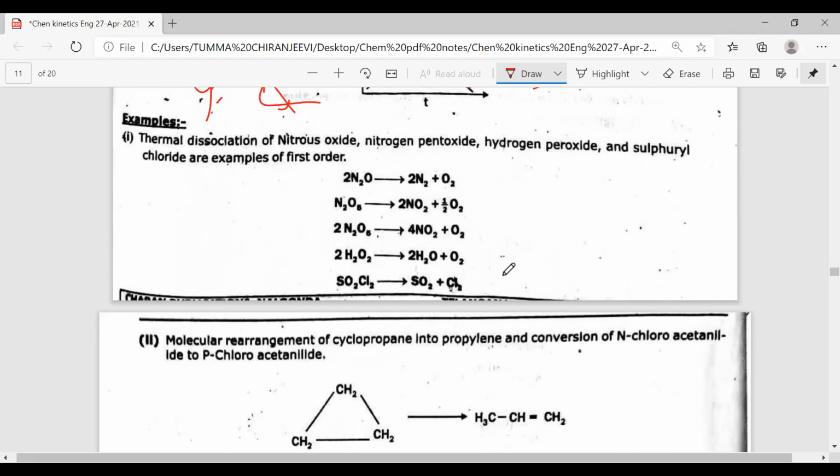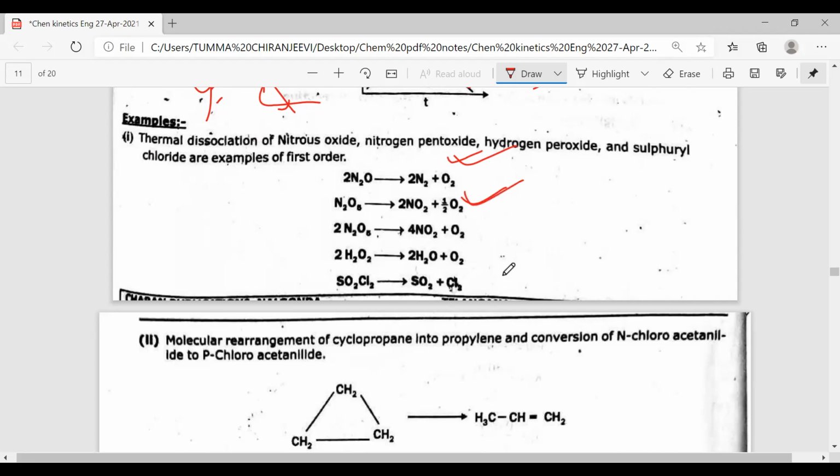So what are the reactions? The dissociation of nitrous oxide. As seen from the first reaction, N2O, nitrous oxide, is dissociated into nitrogen and oxygen. In the second equation, nitrogen pentoxide is dissociated into 2NO2 plus half oxygen.